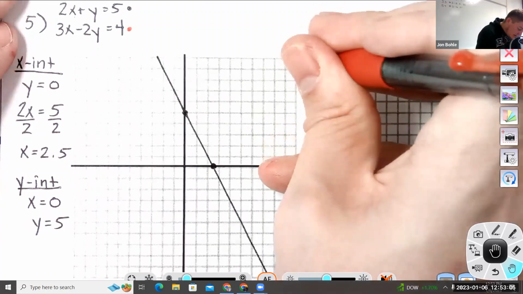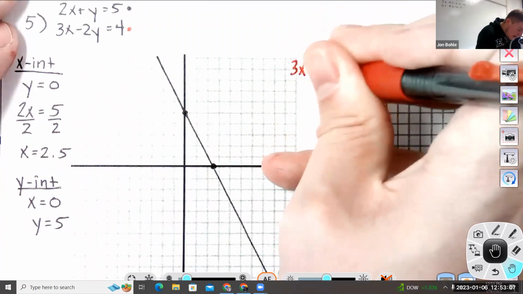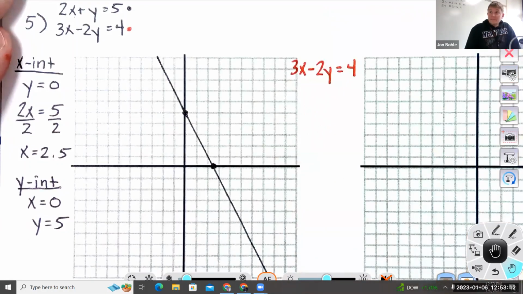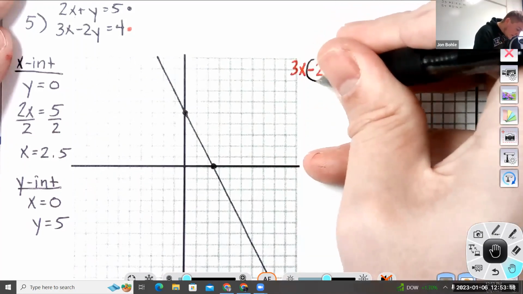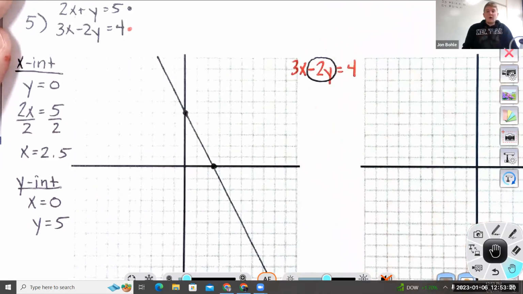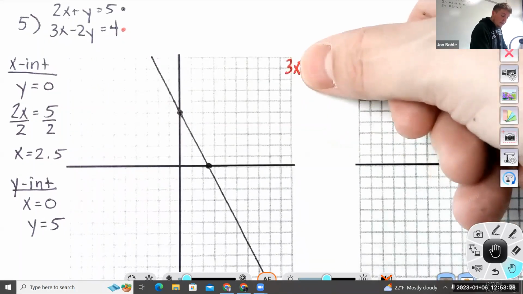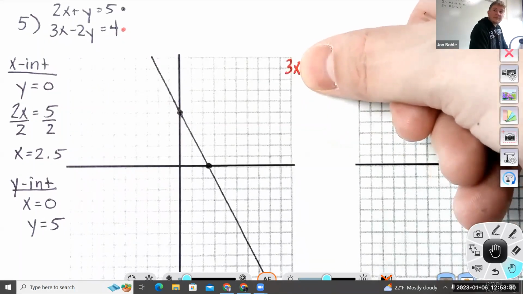Okay, so I'm going to take 3x minus 2y equals 4, and I'm going to solve for y. If I'm going to solve for y, that means I need to first get negative 2y all by itself. So I'm going to minus 3x.